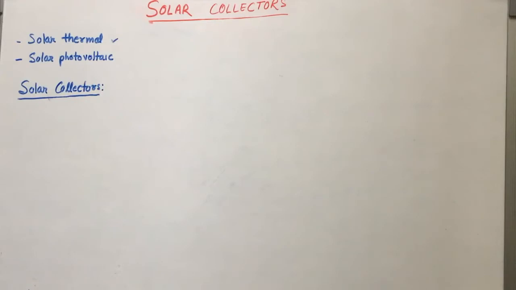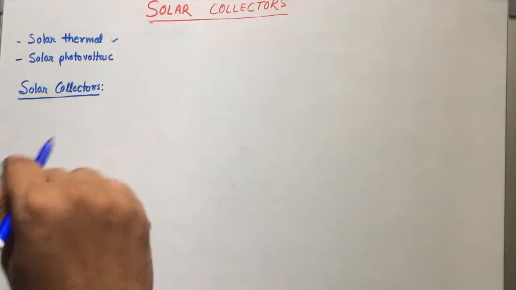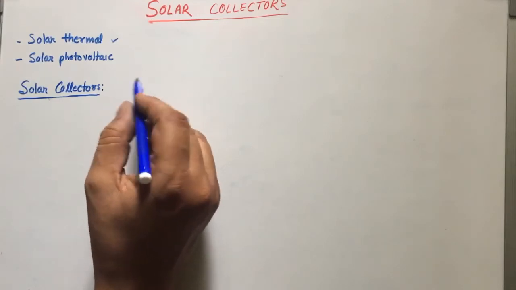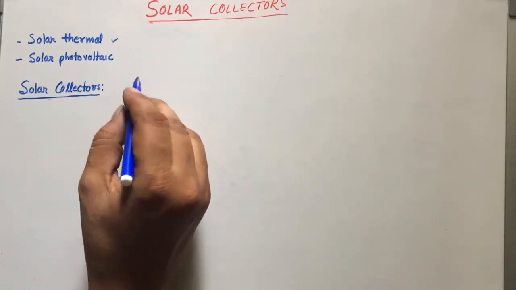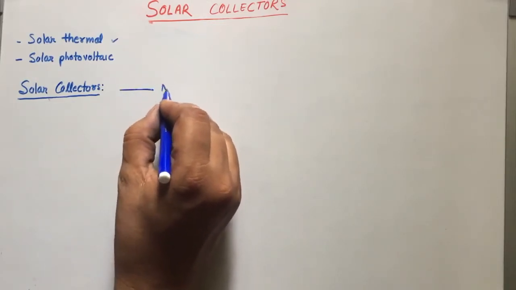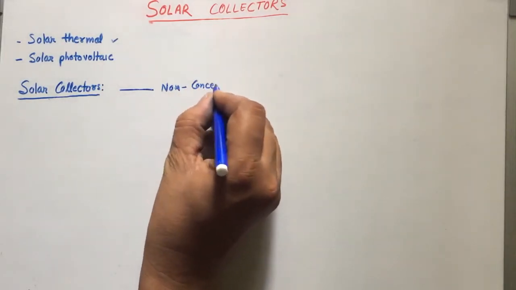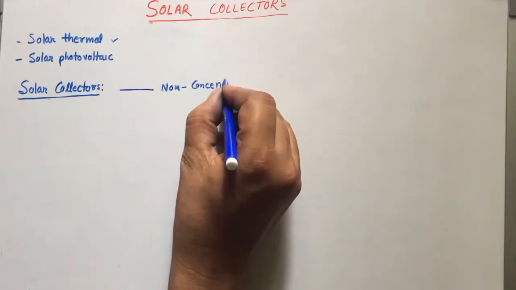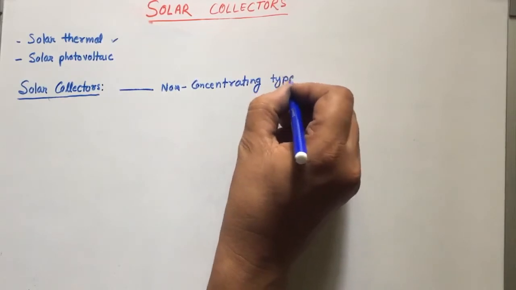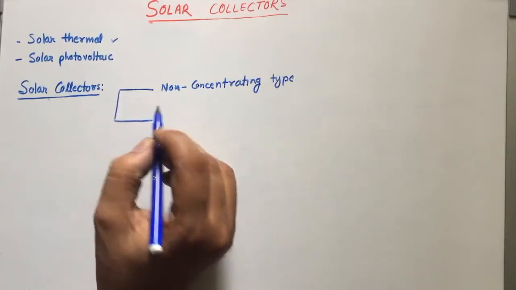On the basis of these heat collections and transformation, solar collectors can be classified as two types. The first one is non-concentrating type, and the second is concentrating type.